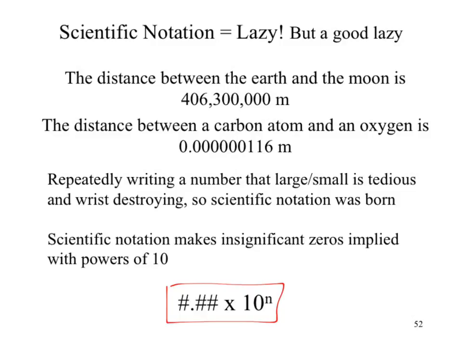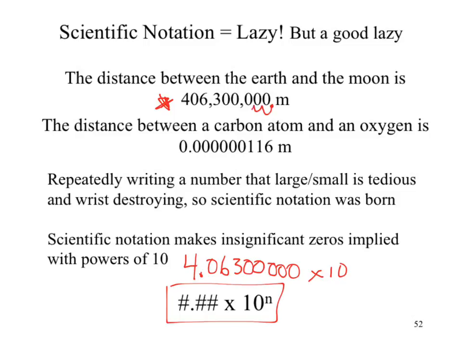Okay? Number in our ones place, followed by a decimal point, followed by all of our significant digits. This can become very helpful if we wanted to include the zeros as significant digits. If we look at our distance between the Earth and the Moon, to convert that into scientific notation, it would become 4.063, and if I want my zeros to be significant digits, 0, 0, 1, 2, 3, times 10 to the, right, we have to figure out how far we've shifted our decimal.